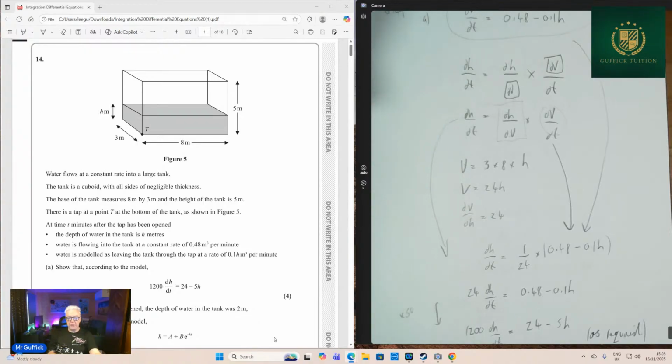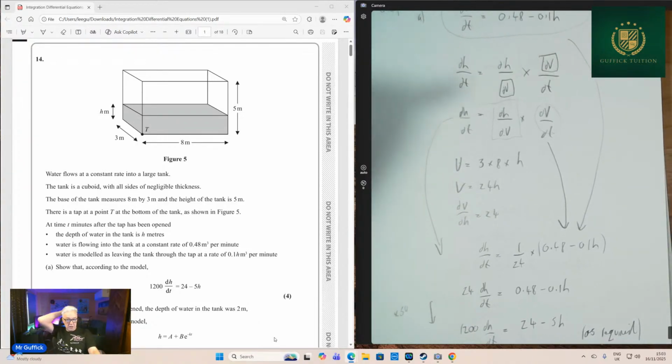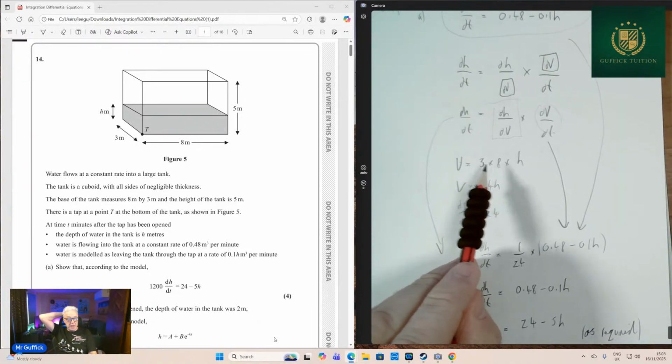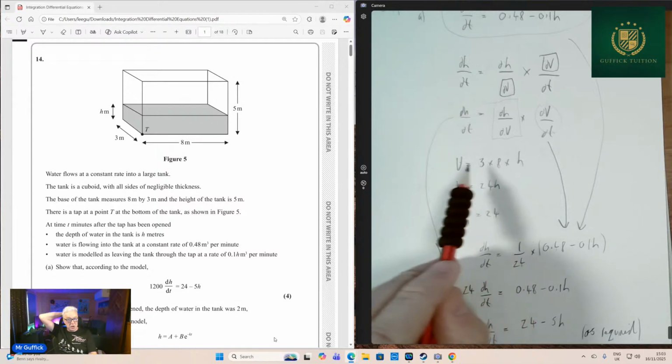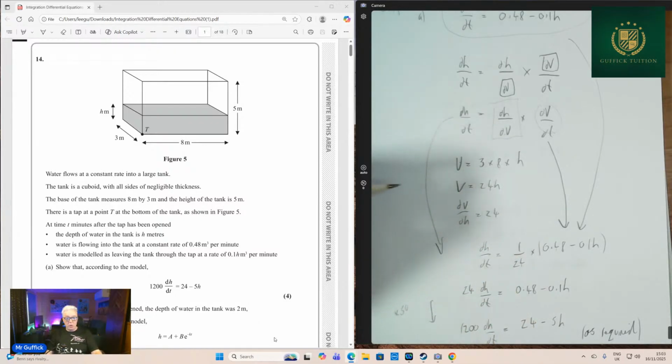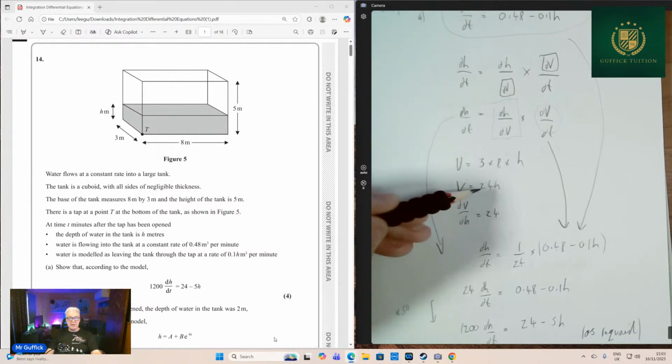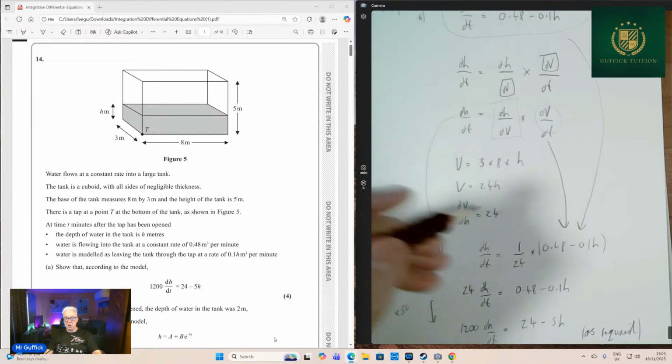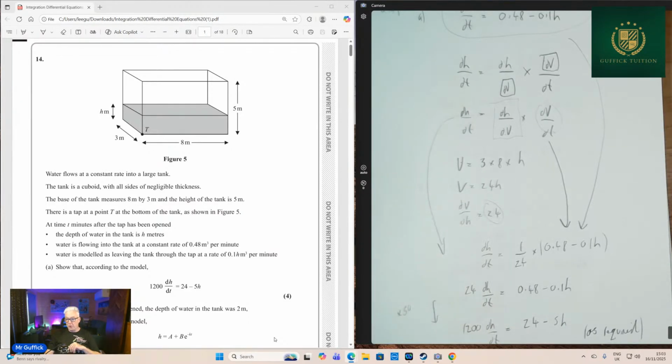Well, we can figure out the volume of the water in the tank because the volume is going to be 3 times 8 times h. So we can figure out what dV/dh is. We differentiate 24h with respect to h, and that just gives us 24.